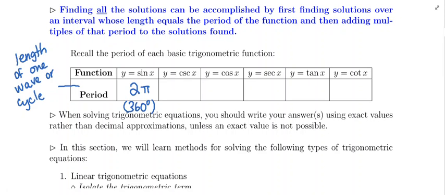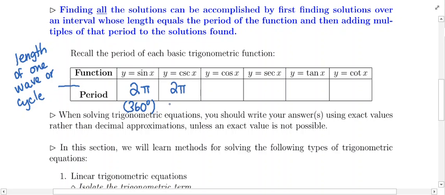Okay, because cosecant is just 1 over sine, cosecant has the same period as sine. So I'm just going to write the same thing down for it. Okay, and then if we jump to cosine, it takes also 2 pi radians to complete one wave or cycle, which is 360 degrees. And then same thing, secant is 1 over cosine, so it's going to have the same period.